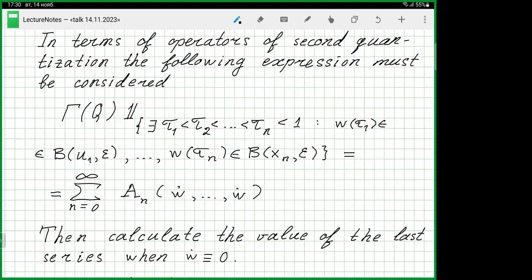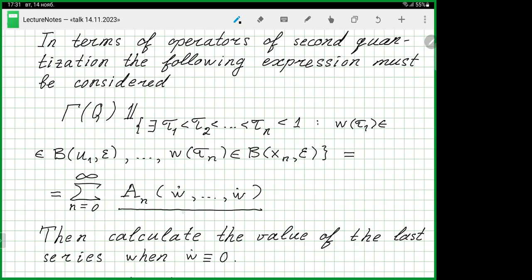And then if we will be able to get its Ito-Wiener expansion, the members of its Ito-Wiener expansion, then let us calculate the value of the last series when W dot here is equal to 0. Let me emphasize that the terms of the Ito-Wiener expansion are the infinite dimensional Hermite polynomials. So this is not simply a multilinear form where we substitute some random element.